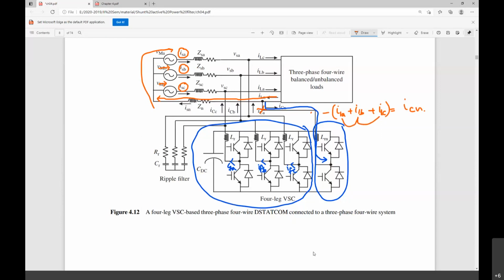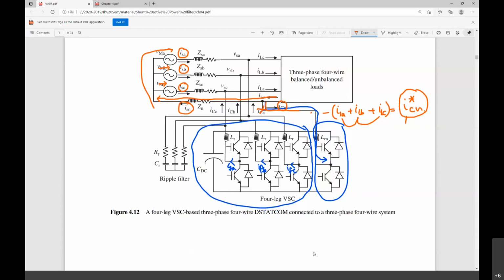This is the reference compensator current, the reference fourth leg current. Instead of going to the source line ISL, it flows to the ICL when you have the fourth leg.